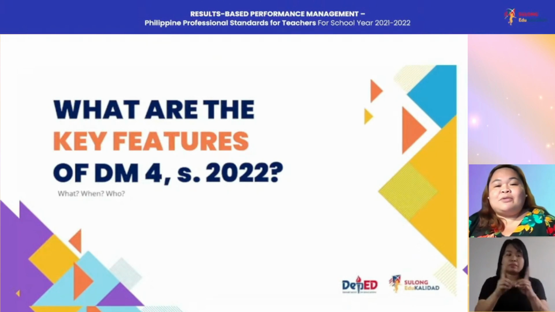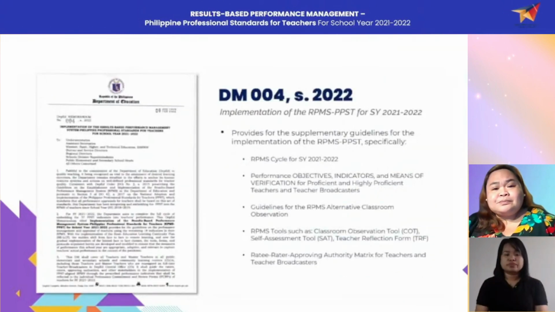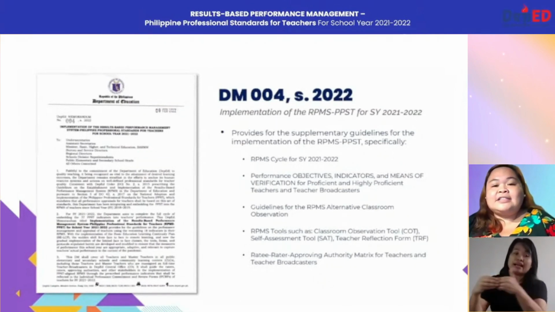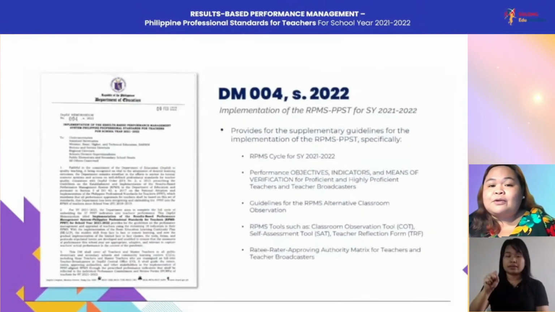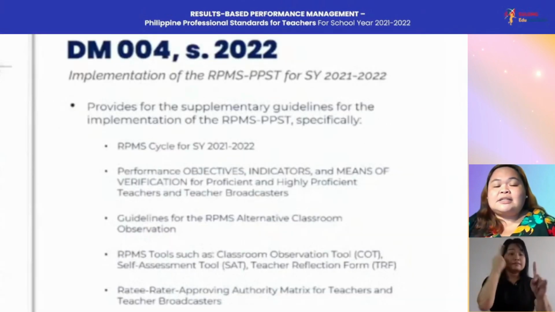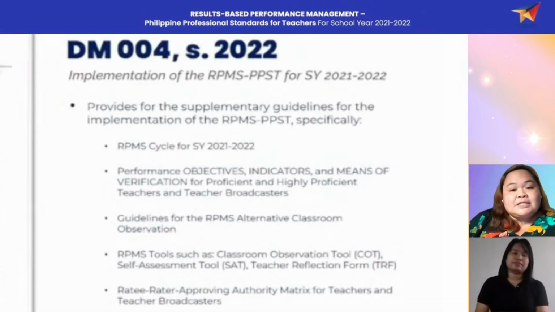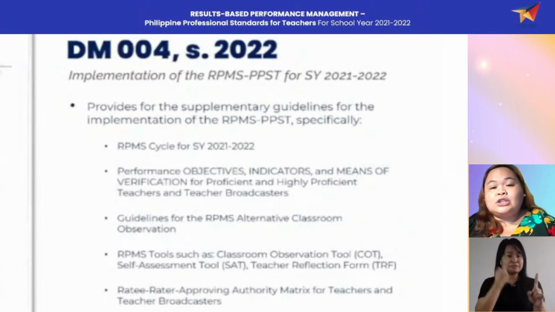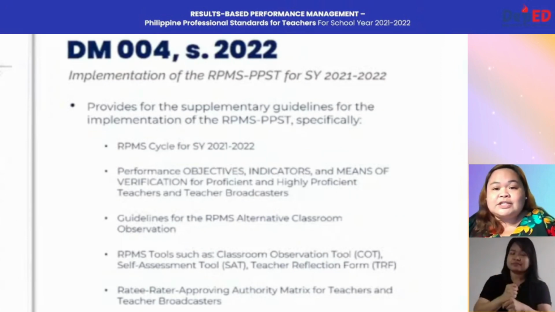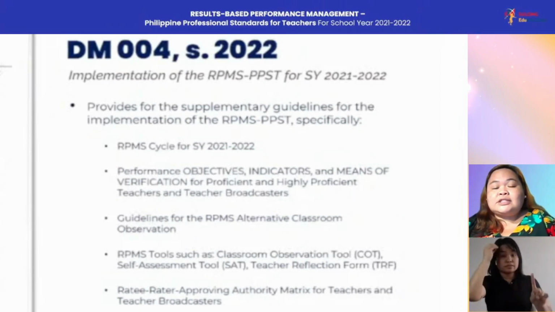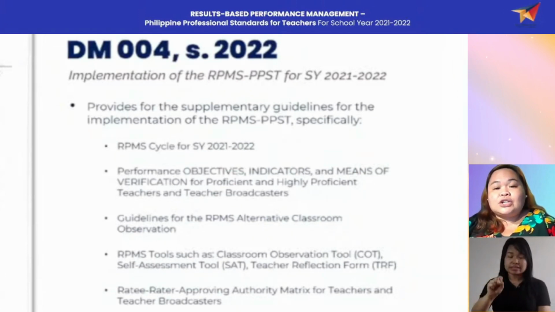Under this memorandum, it provides supplementary guidelines for the implementation of RPMS-PPST specifically for this school year, which specify the RPMS cycle for school year 2021-2022 and lay down the performance objectives, performance indicators, and means of verification for proficient and highly proficient teachers and teacher broadcasters.